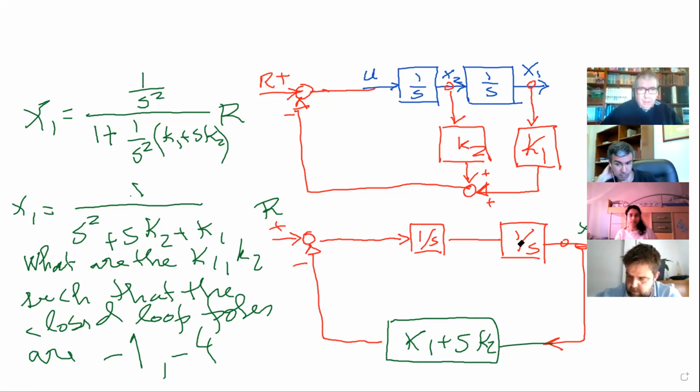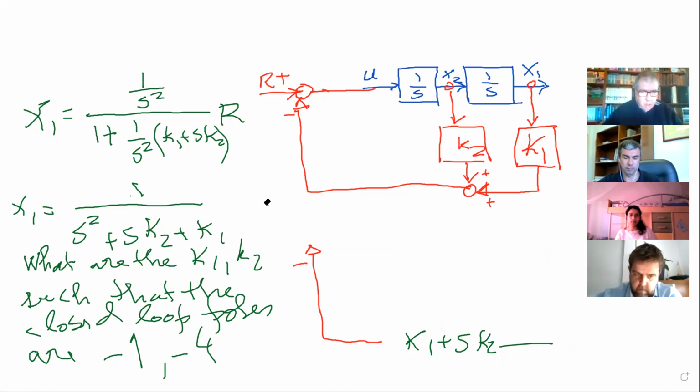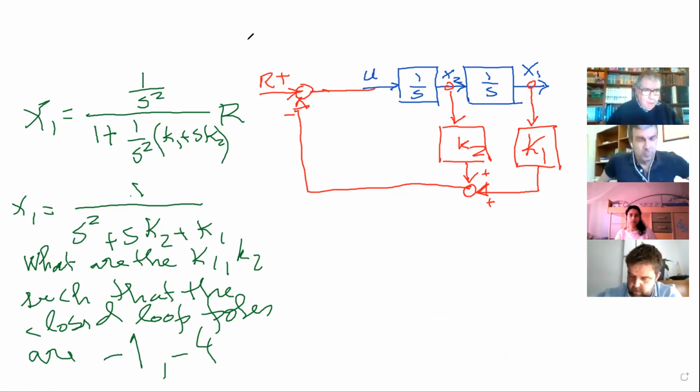The real block diagram is that one. Now, how can I select K1 and K2 such that the poles are at the desired values?